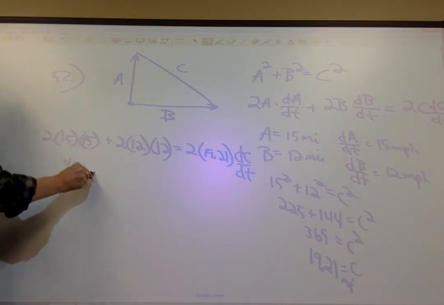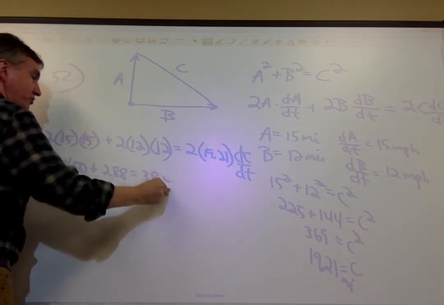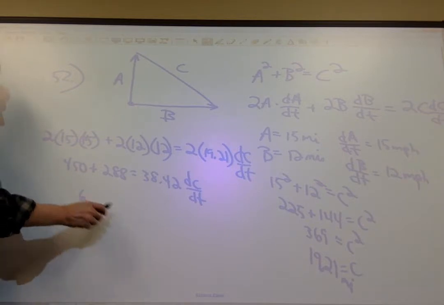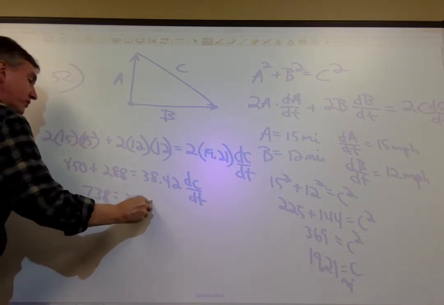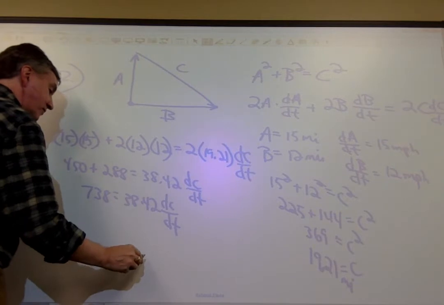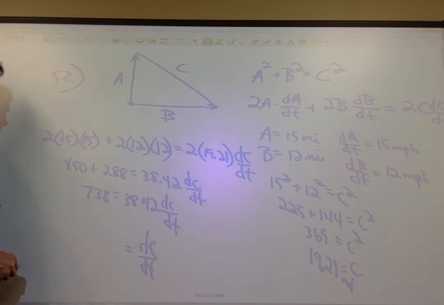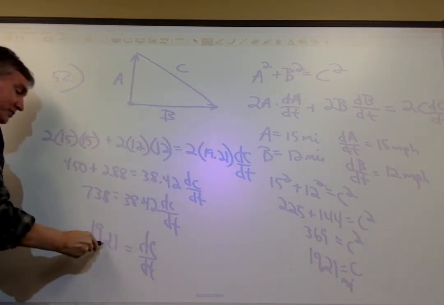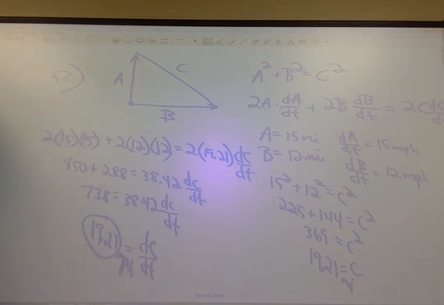Is that 450 plus 288? 38.42 dC/dt, is that right? 738 equals 38.42 dC/dt. Did it come out to be what you thought it would be? It's actually what C was, just like all of this: 15, 15, 12, 12, 19.21, 19.21. Very good.